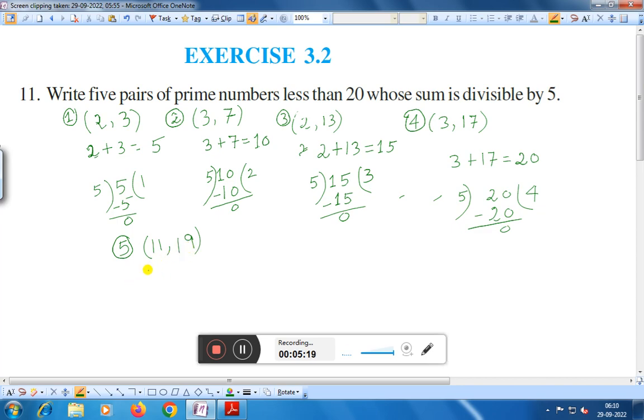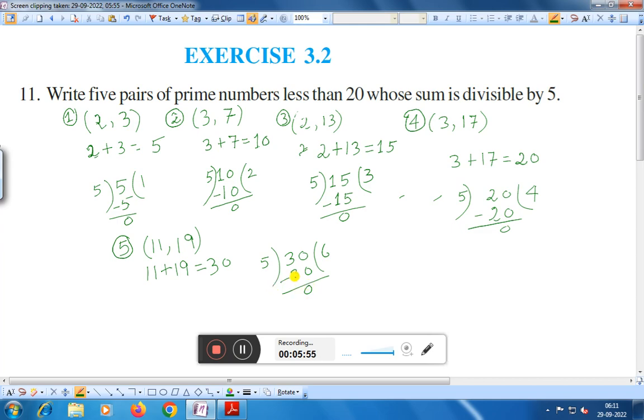If we add the numbers, that is 11 plus 19, we are getting 9 plus 1 is 10, 0, carry 1, 1 plus 1 is 2, 3, 30. If we divide 30 by 5, we are getting 5 sixes are 30. This is also divisible, right?